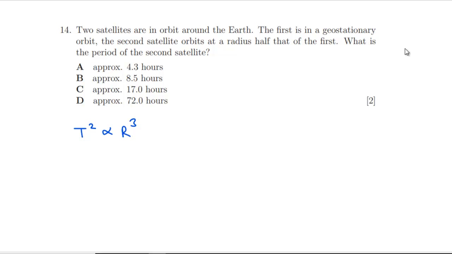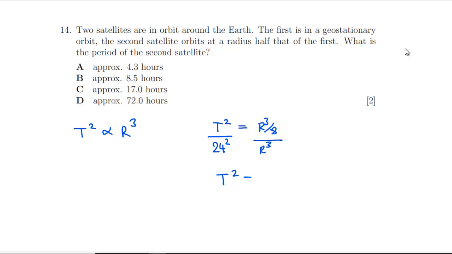So let's do the new one. That's T squared over the old one, which would be 24 squared. So that's just doing the ratio of orbital times. So we're going to want r cubed, and this is at half the radius, so it's going to be r cubed divided by 8 divided by r cubed.